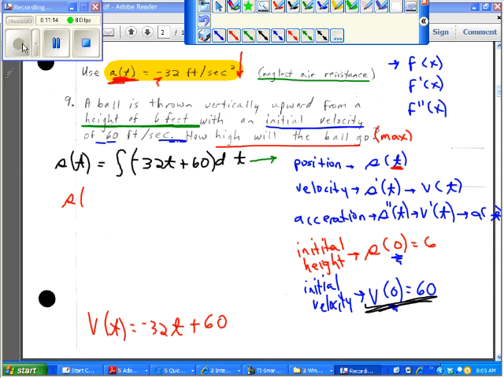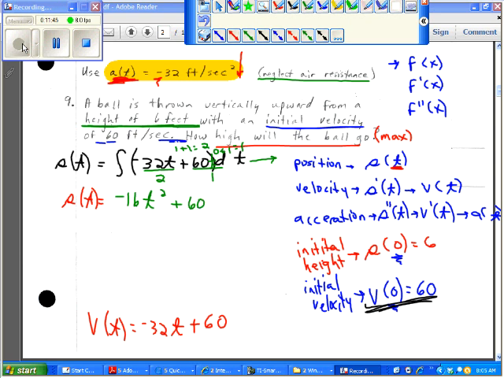And so we're going to have s of t is equal to... We're going to take that exponent of 1 and add 1, which would give us a 2, and then we're going to divide by that 2, right? So we'd have negative 32 divided by 2 is negative 16 t squared. So we got that. On the 60, there was an understood t to the 0, so we would add 1, which would give us a 1, and then we would divide by that 1.